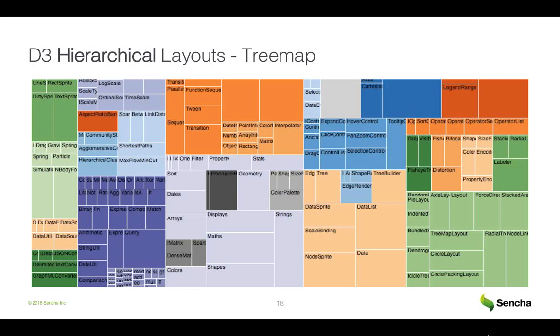So, for instance, in this picture, it's a hierarchical layout that you could use on your hierarchical data structure. It basically uses a recursive spatial subdivision algorithm to display the nodes.